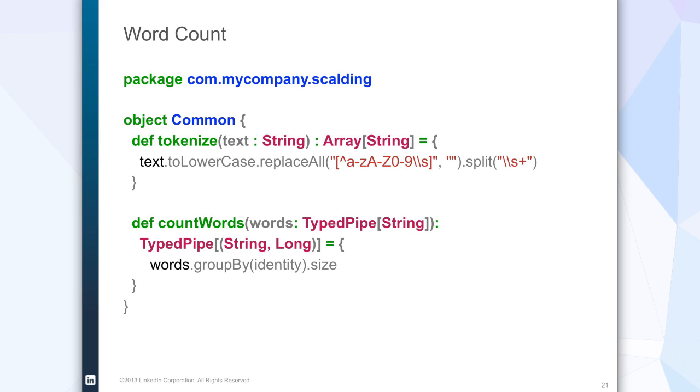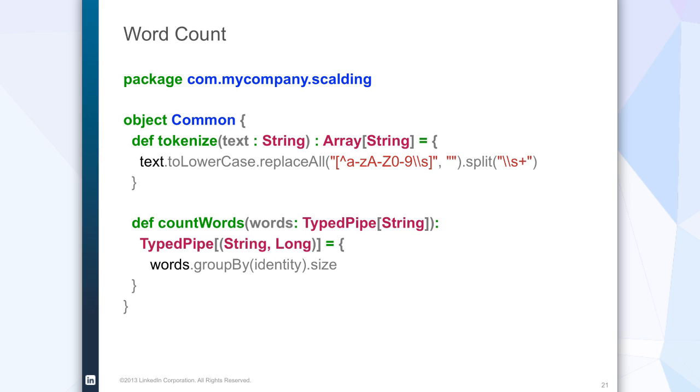We still have our tokenize function, and let's do the count words function. It's exactly the same code, and it just gets words. Again, we assume that the words are already tokenized, and we perform the same group by and size. But now what's nice is that we suddenly have the concept of a function that we can reuse, and someone else can call that function as well if they need to count words, right?